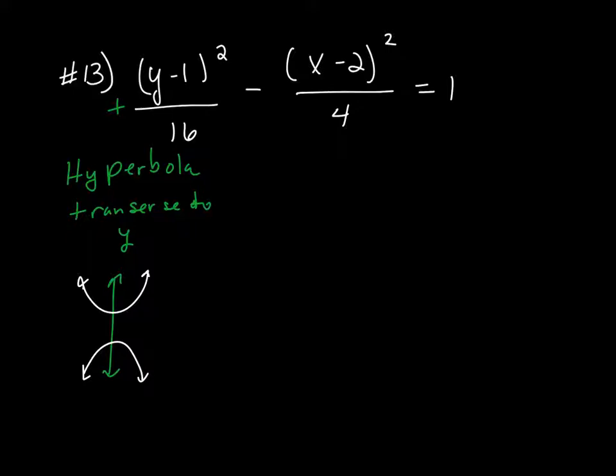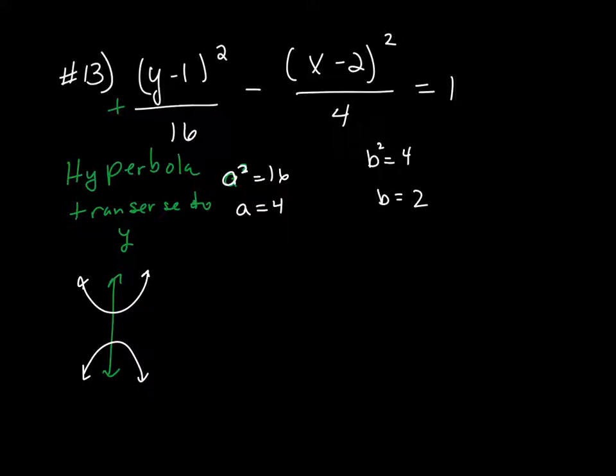All right, so let's go ahead and give me some values here. Because the value underneath this is 16, I know that a squared is equal to 16, or a is equal to 4. Over here, b squared is equal to 4, so b is equal to 2.